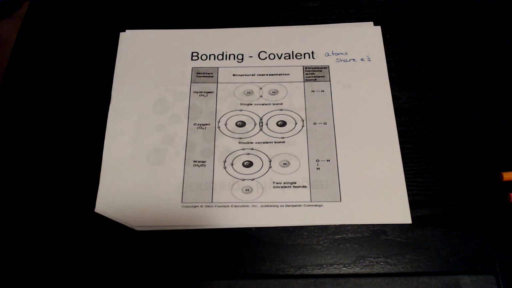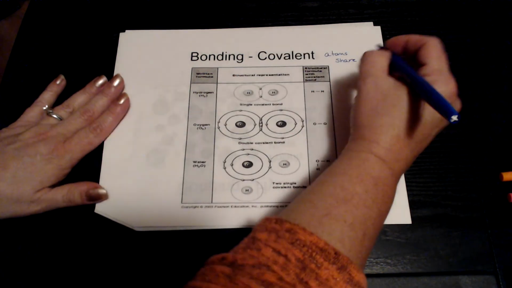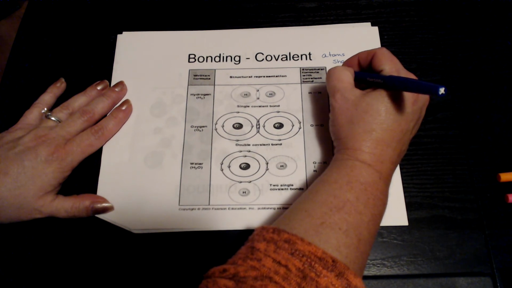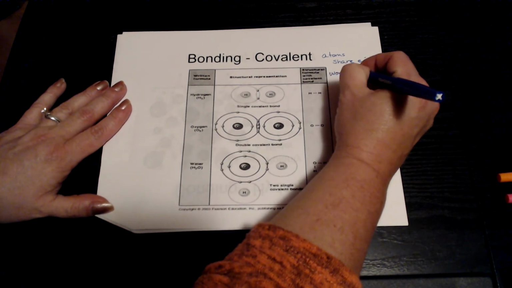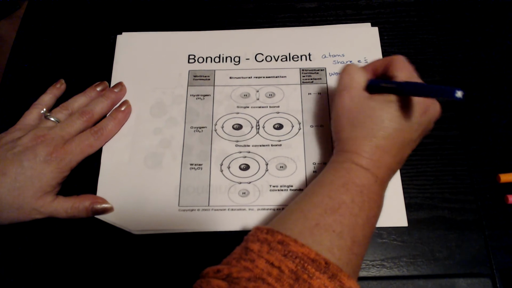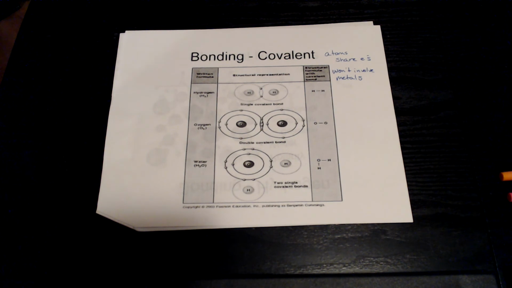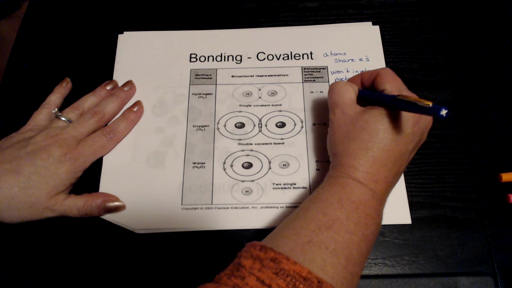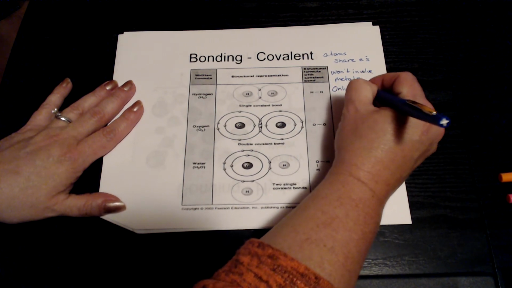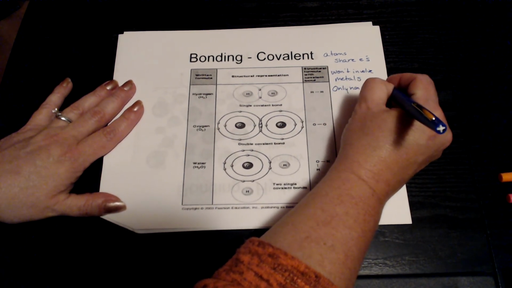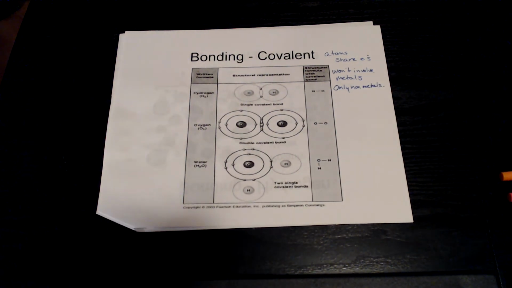In a covalent bond, most of the time you're not going to see metals. Most of the time, you are going to see nonmetals. Again, we say most because every now and then there's somebody who doesn't follow the rule.